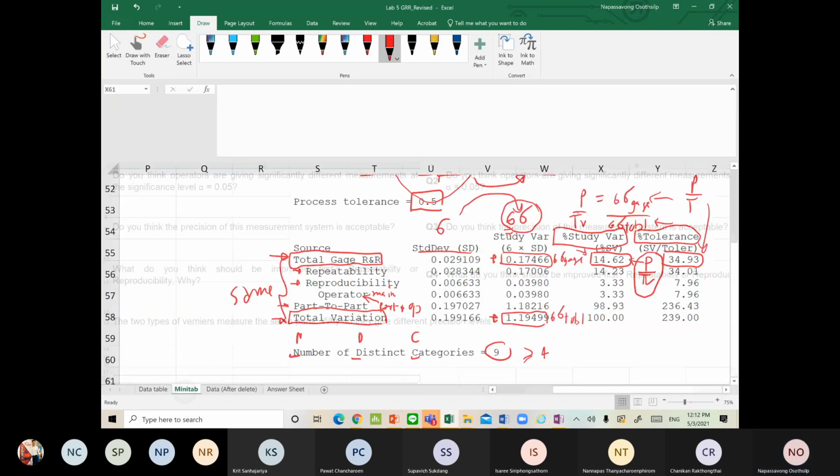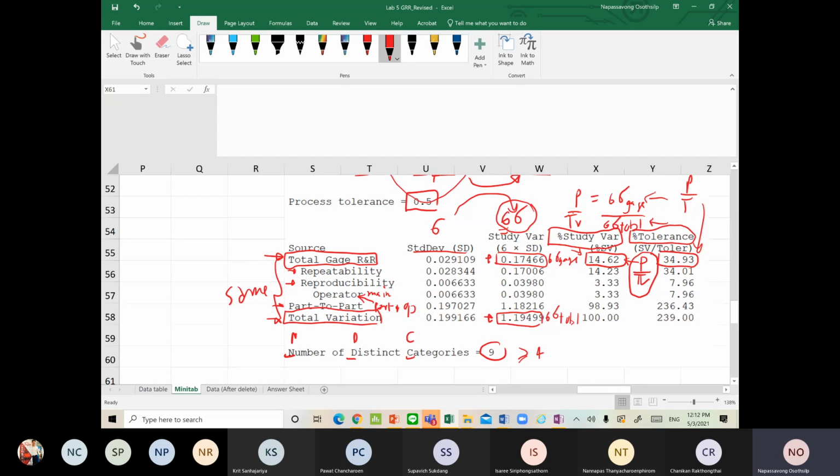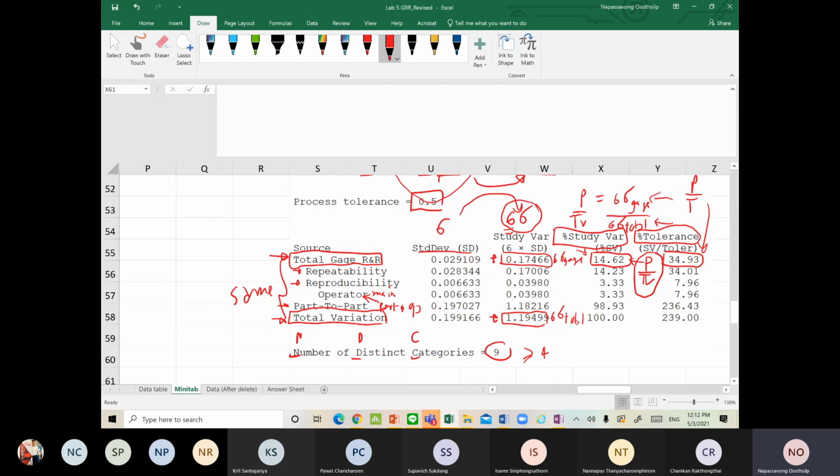Okay, so which should we improve, repeat or reproduce? So 14, okay, is greater than 10, right?